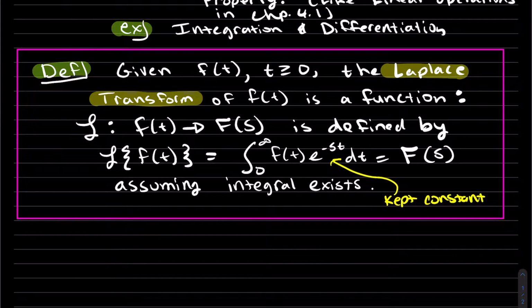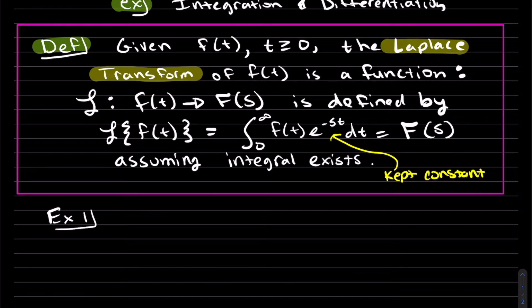Let's look at some examples. The first part of this video is a lot of examples. Just like integration, I'm trying to build definitions so that we can pretty much memorize them, because some of this integration we don't want to be doing every single time.